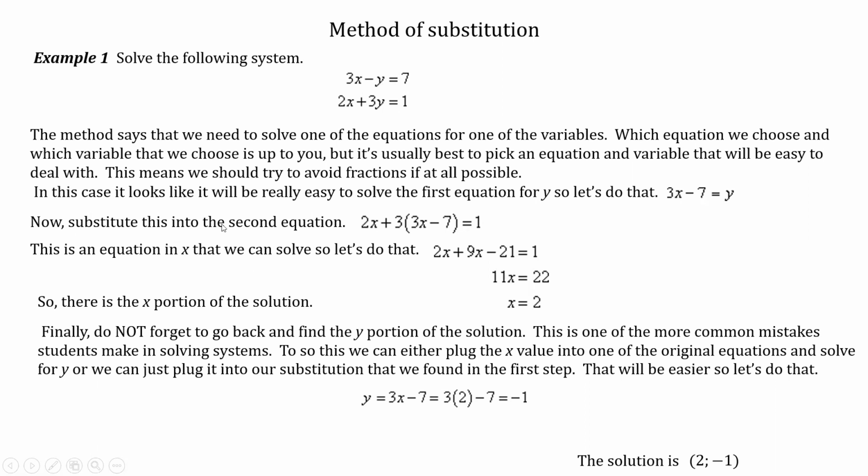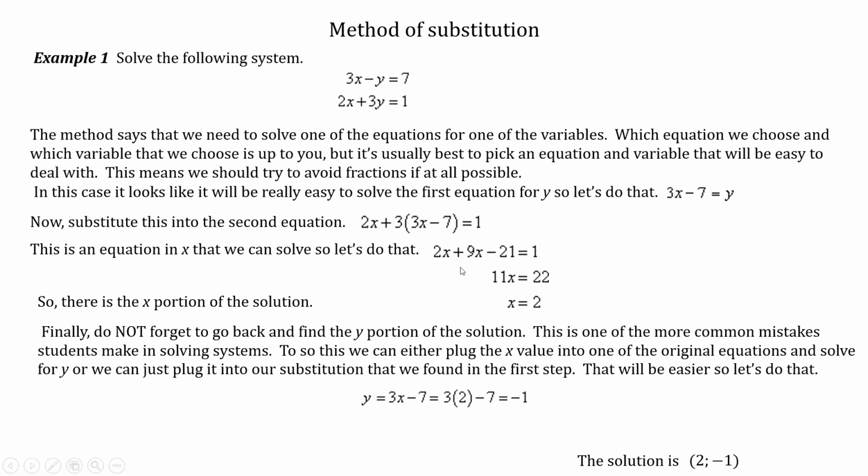Now substitute this into the second equation and open the parentheses. This is an equation in x, and we can solve it. It is a linear equation with one variable x.